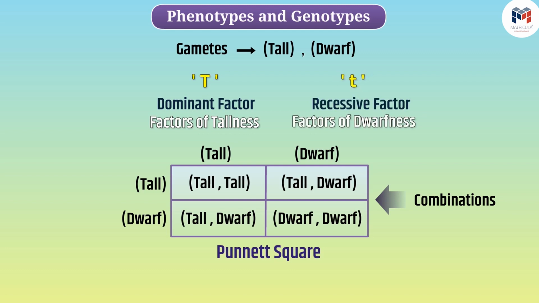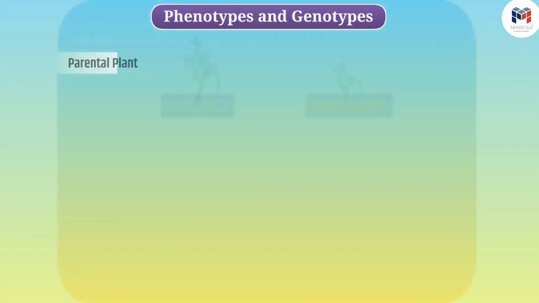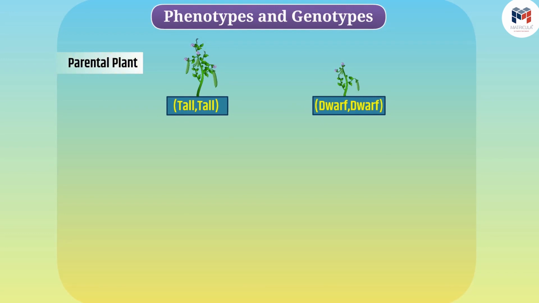For example, tallness can be represented by uppercase T and dwarfness with a lowercase t. Since the parental generation plants are a pure lineage, we can express the factors of traits, that is, the pair of genes, as TT or tt, like this.